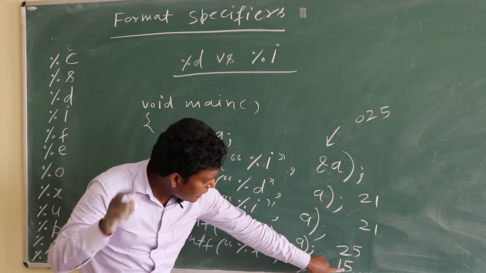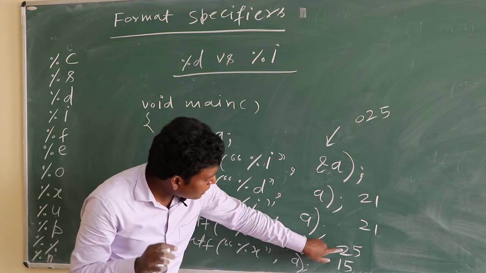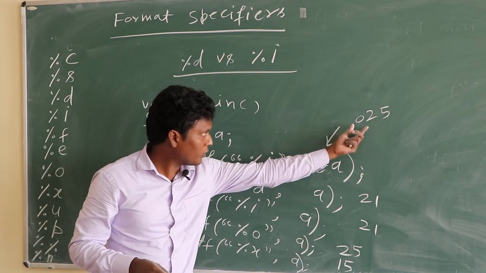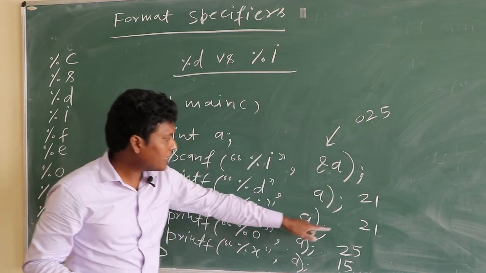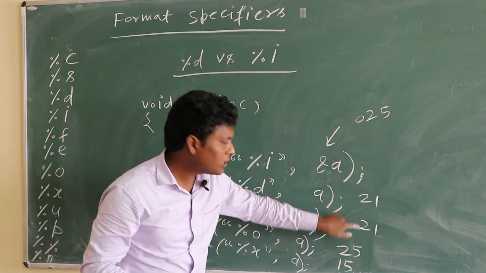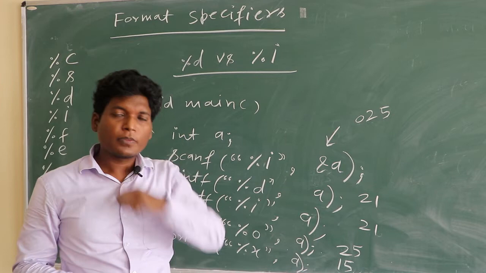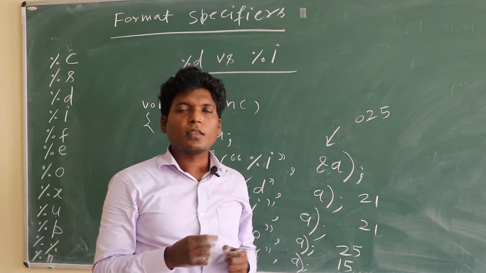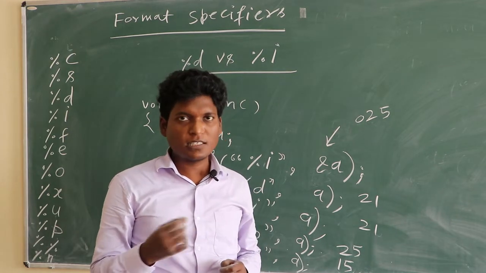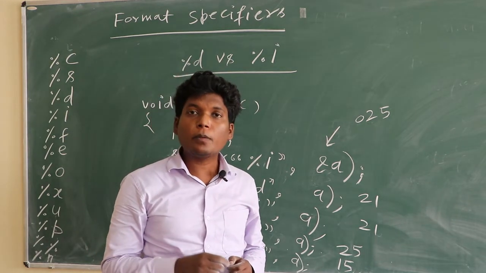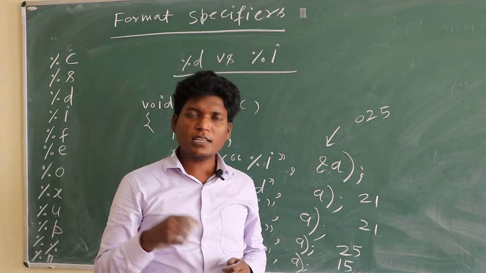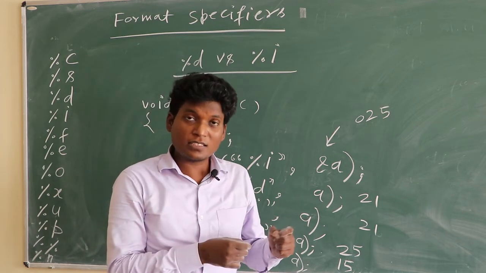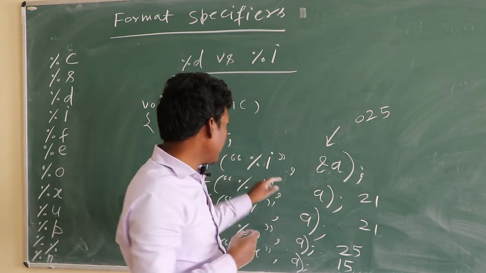This 15 is in hexadecimal, this 25 is in the octal number system, you can see here, and this 21 is in the decimal number system. So %d prints the integer value in the decimal number system, signed decimal. %i prints the integer value in the decimal number system, but it takes any number system in scanf.